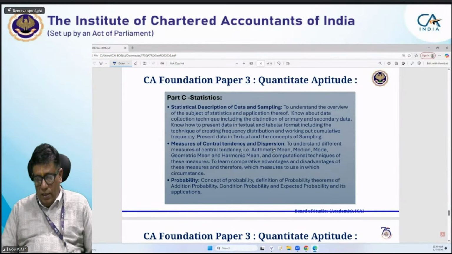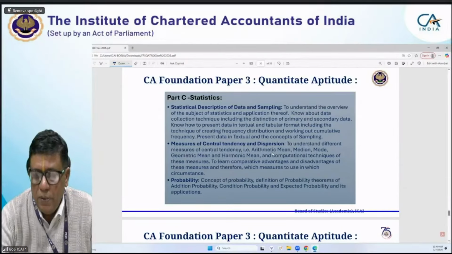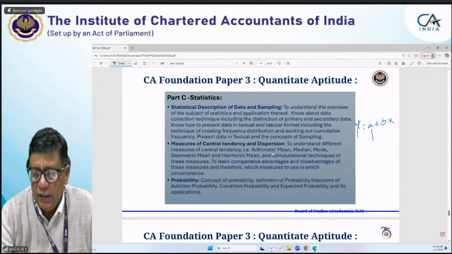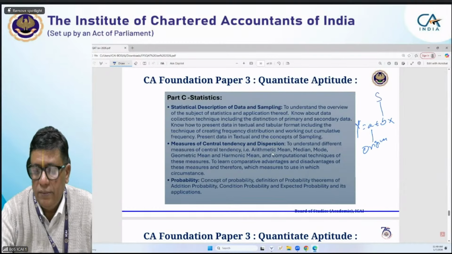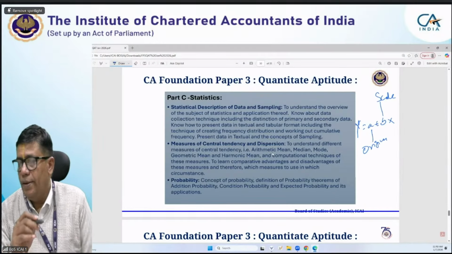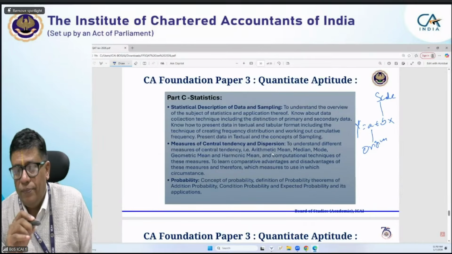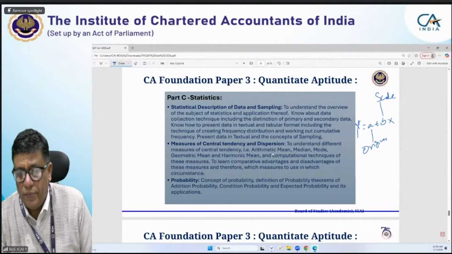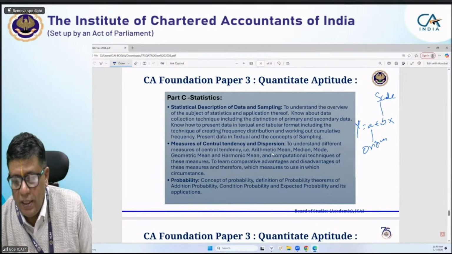Suppose y = a + bx: here a is called the origin and b is called the scale. We are talking about the range, then quartile deviation, third mean deviation, fourth standard deviation.